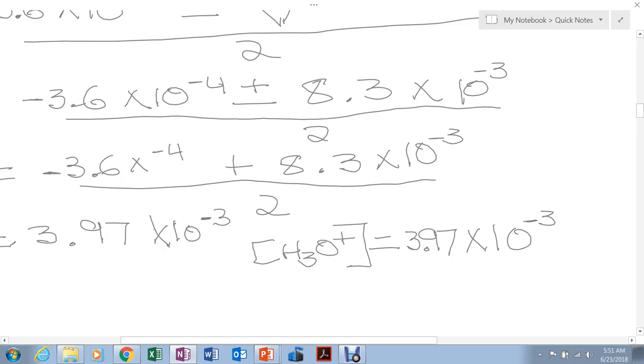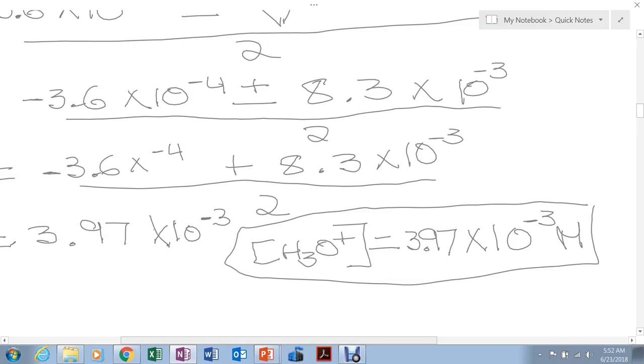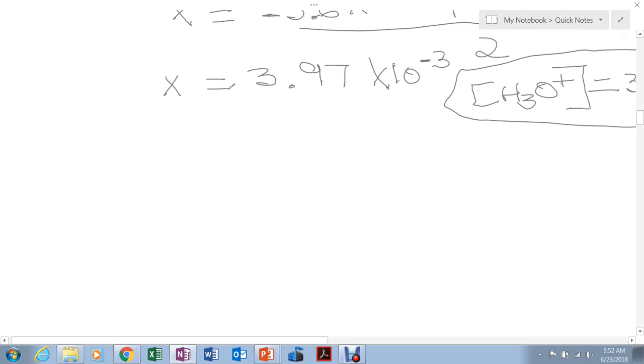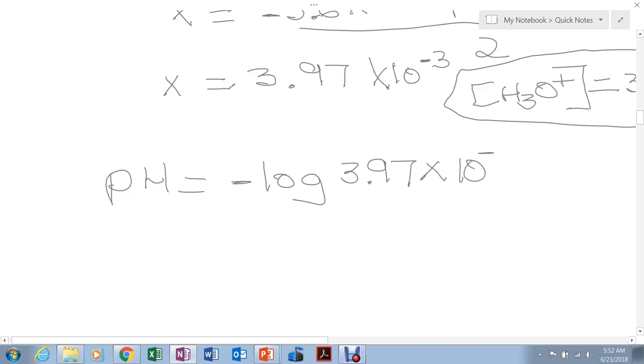Just remember, we've been doing it. Okay. And the pH would be equal to the minus log of the concentration of hydrogen, which is 3.97 times 10 to the negative 3. So pH would be, to 2 decimals, 2.40. Okay.